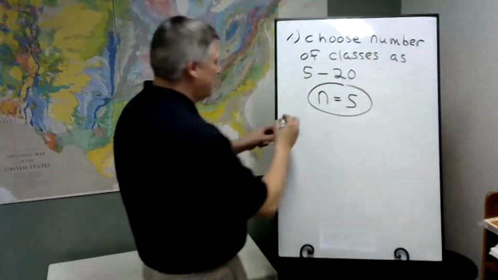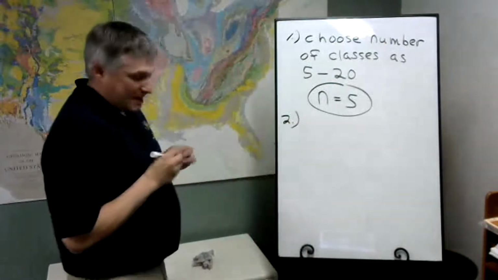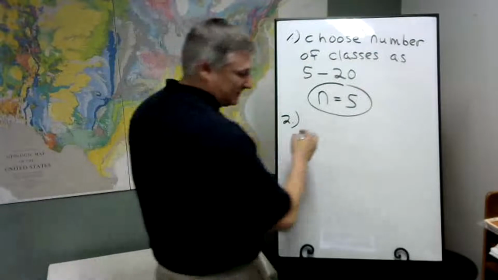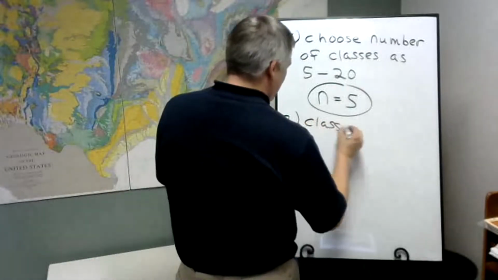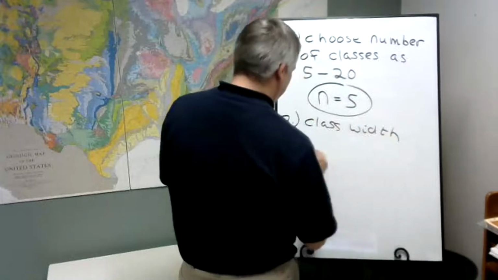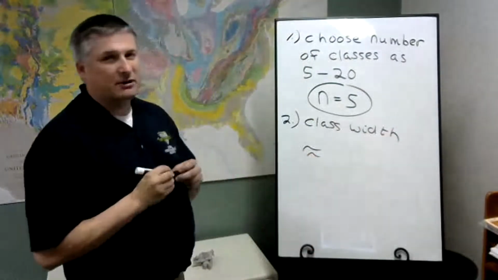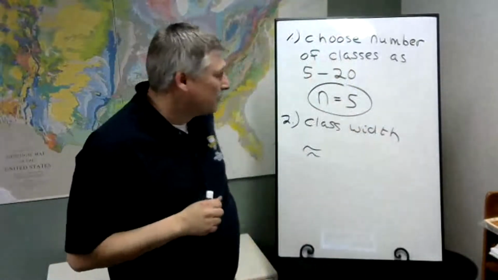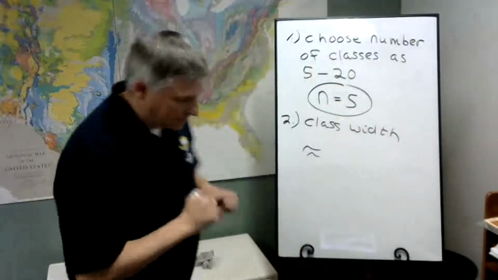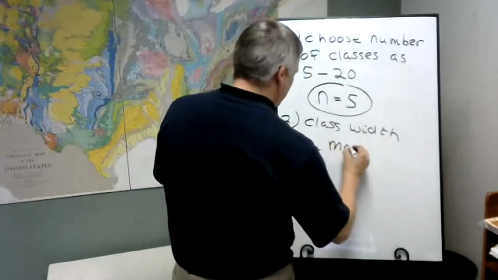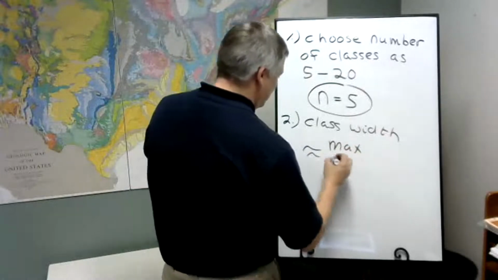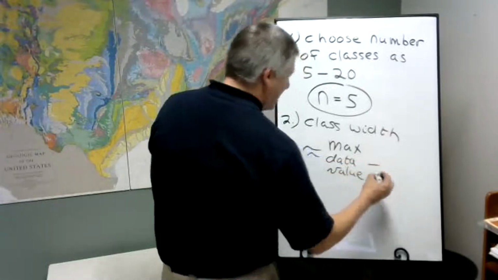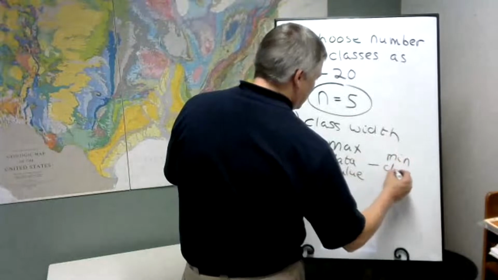Next, we're going to compute the class width. Now, in this case, there's sort of a formula for this, and it's going to be this. Now, we don't have any intervals constructed yet, so we can't take the difference of the two lower class limits. That's what we were doing last time. We got to come up with this from scratch. So what it is, we take the max data value, subtract the minimum data value.